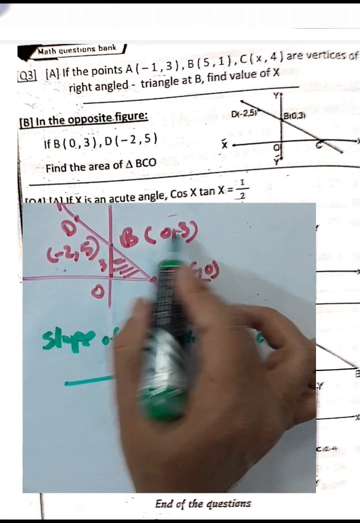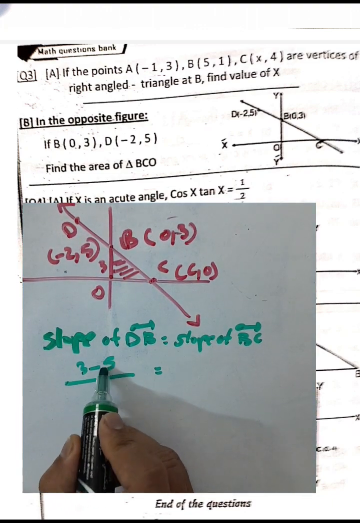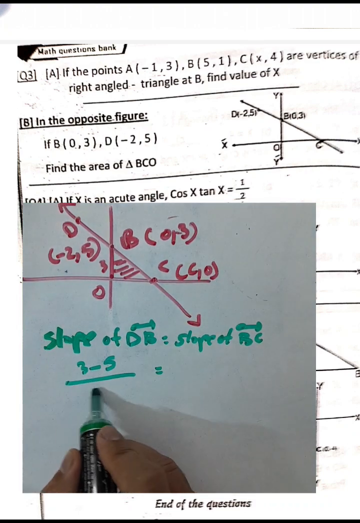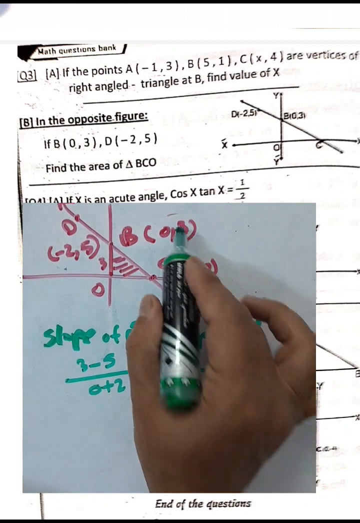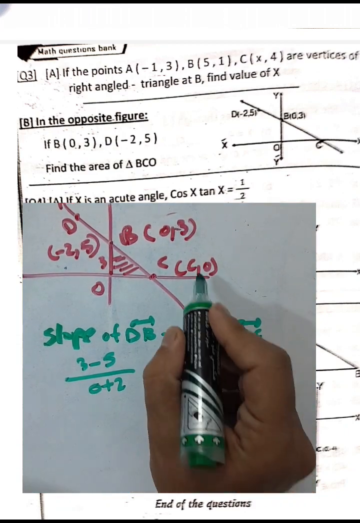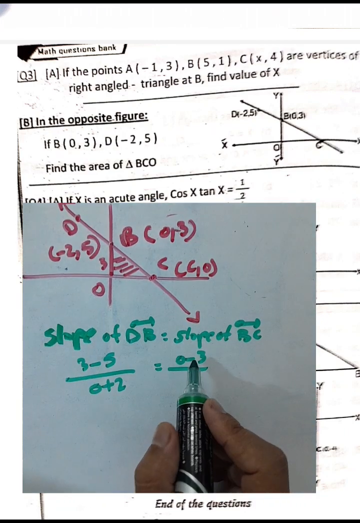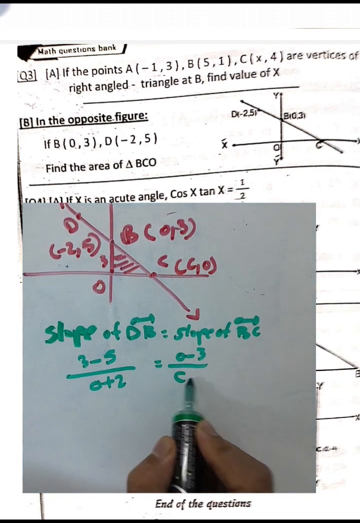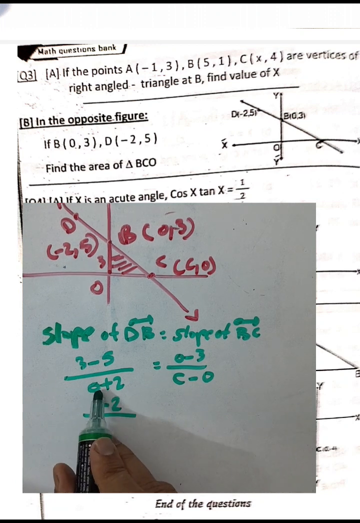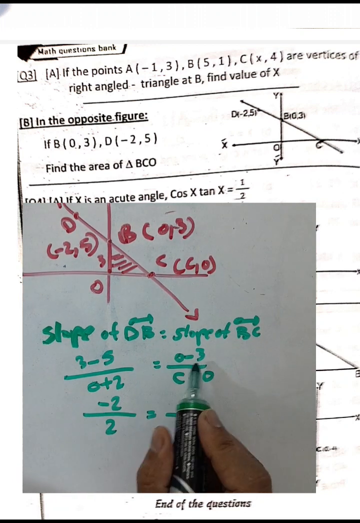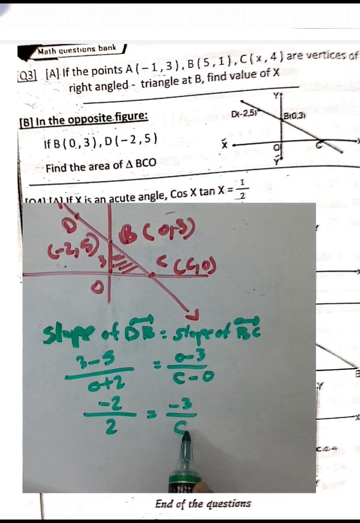Find the difference, y2 minus y1, 3 minus 5 over 0 minus negative 2, 0 plus 2. And the slope of BC here, y2 minus y1, 0 minus 3 over x2 minus x1, write C minus 0. Then 3 minus 5, it will be negative 2, and 0 plus 2, it will be 2. 0 minus 3, it will be negative 3 over C.